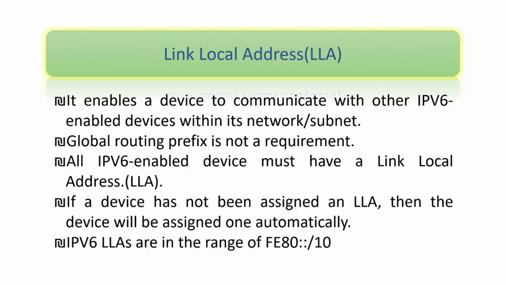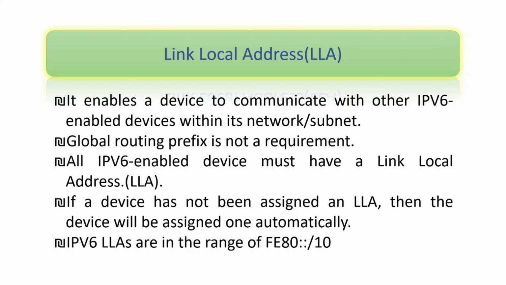Link local addresses. Point to be noted: all devices in the network, whether they have a global unicast address or not, need to have a link local address. This link local address enables a device to communicate with other IPv6 enabled devices within its network or subnet.